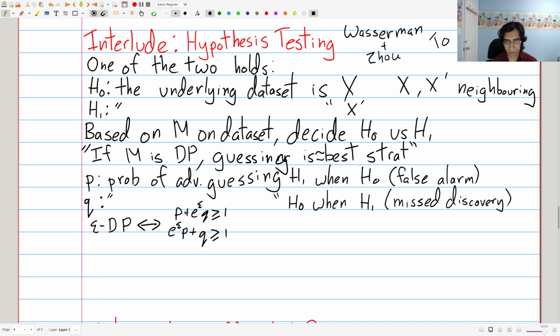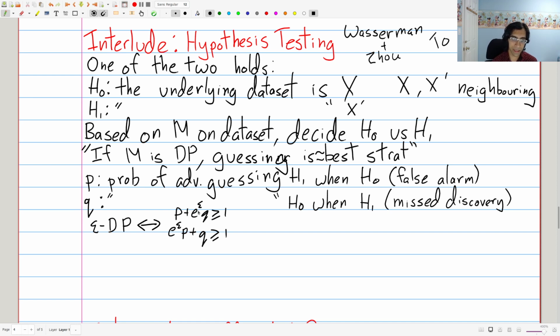So in the perfect privacy case, you can balance these two however you want. You can choose to have a lot of type 1 errors, or a lot of type 2 errors, false positives and false negatives alternatively. But the idea is that this is like a straight line between the two, in the sense P plus Q is always going to be equal to 1.